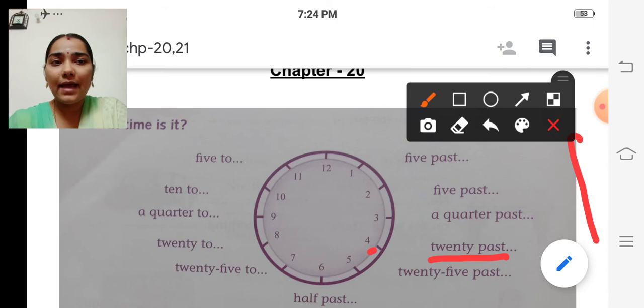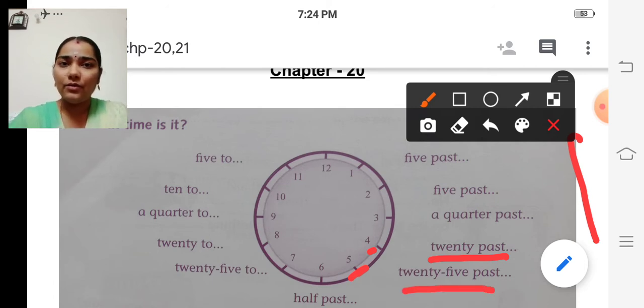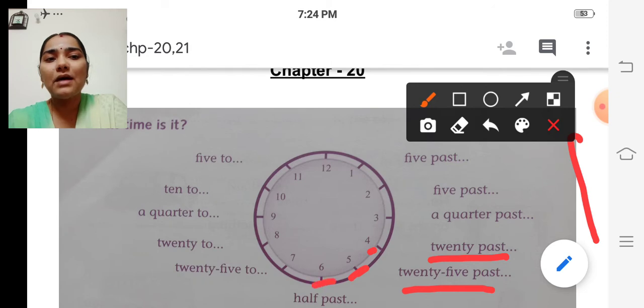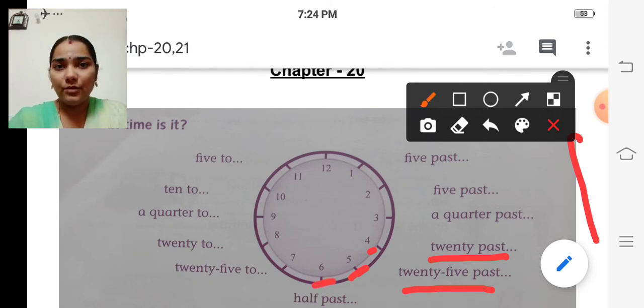If the minute hand passes this 5, then we'll say 25 past the present hour. If the minute hand passes this 6, then we'll say half past the hour.